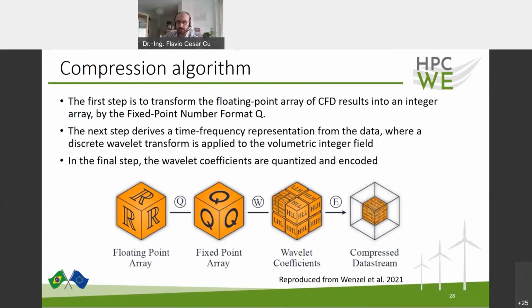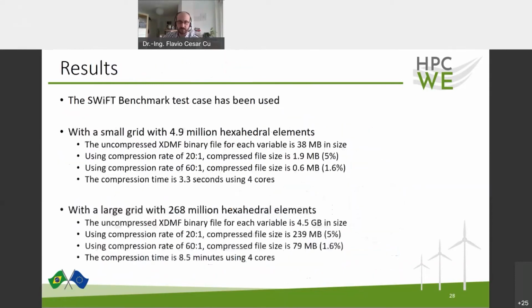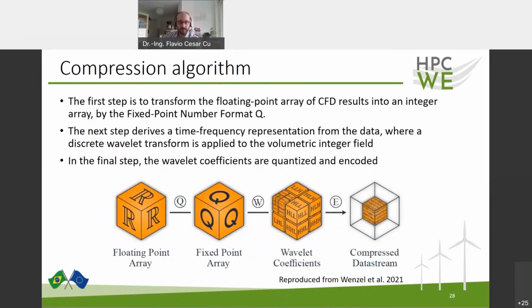The first step is to transform the floating point array of the CFD results, which are real numbers, to an integer array. We have used the fixed point number format Q. Why do we do that?